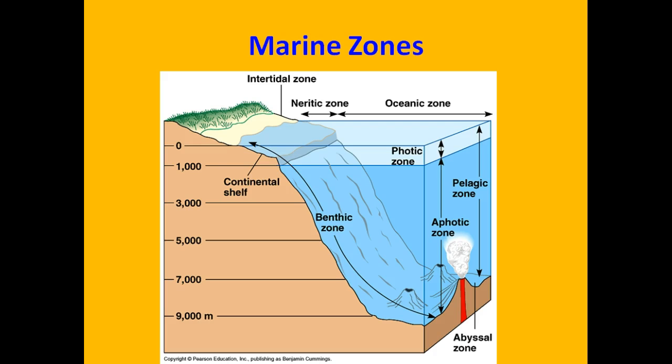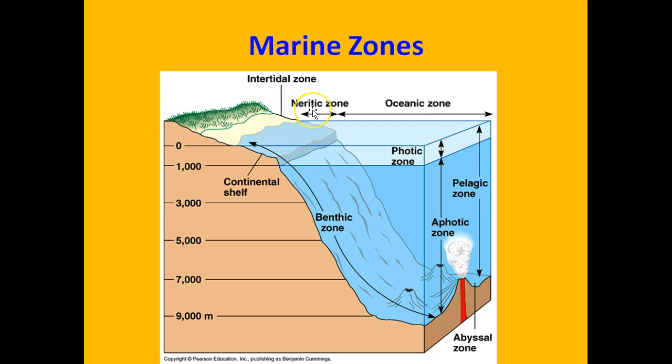Here we have a really nice diagram showing the zones we just talked about. Here we have the intertidal zone, and you can see this line right here that would be the high tide line, and this line, of course, where the water is now would be the low tide line. This zone is really unique in the amount and the type of organisms that live in this kind of environment right here.